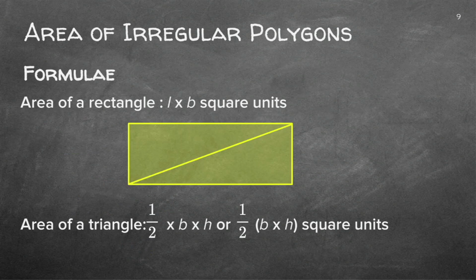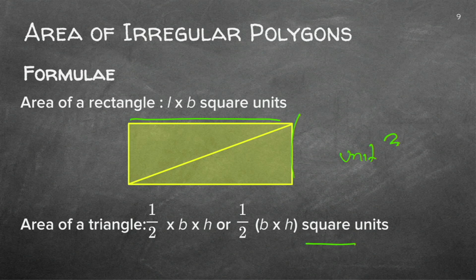This is just a reminder of the formula. Well, again, remember rectangle is length times breadth, then in unit square. And remember a triangle is just half of this. So it's just half of that formula, also in square units.